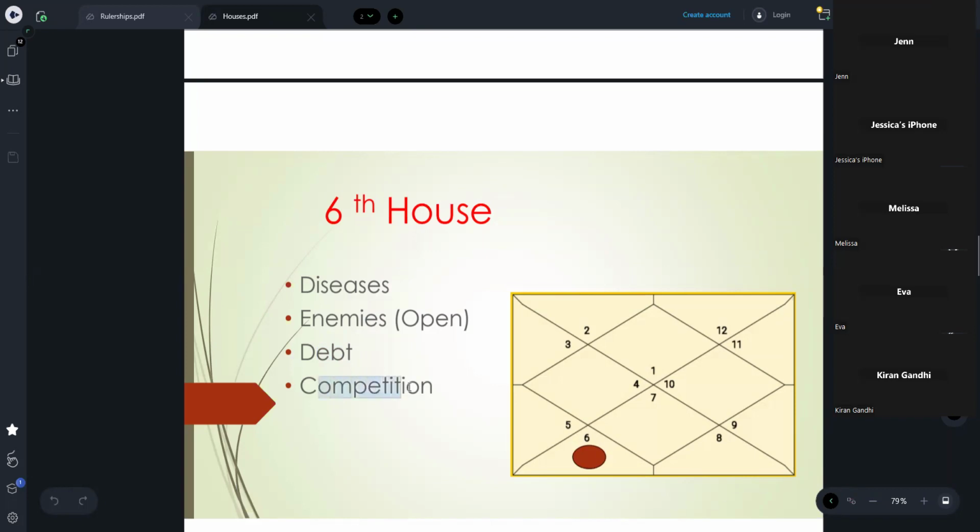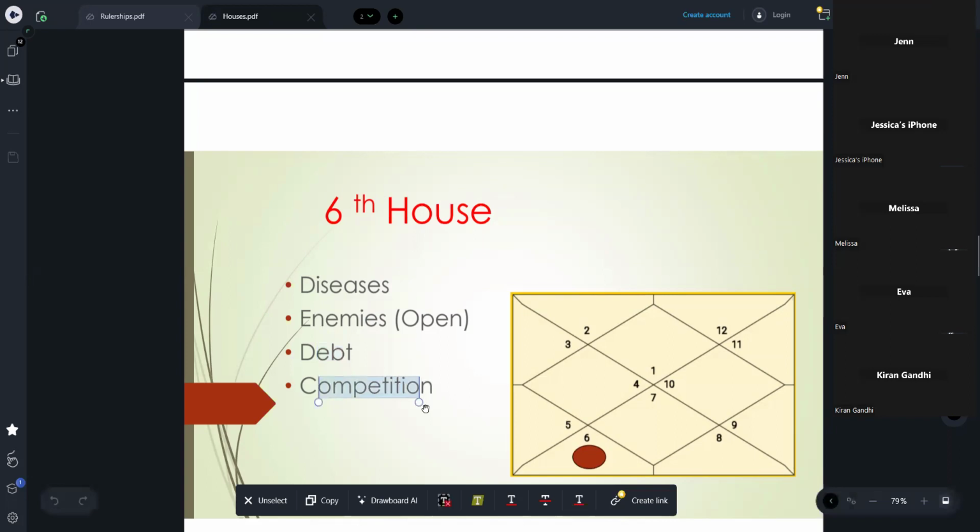Another thing the sixth house represents is competition. And I don't mean just any competition. I mean even writing exams, because when you're writing an exam, you're in a competitive state of mind. It's a form of competition.